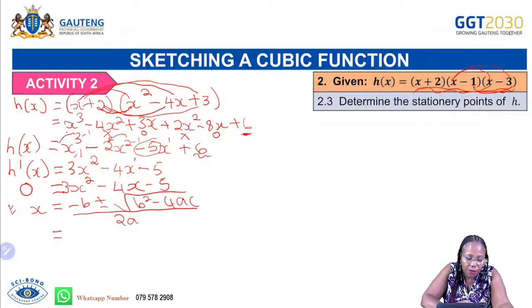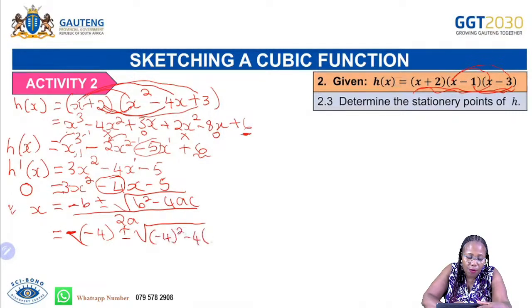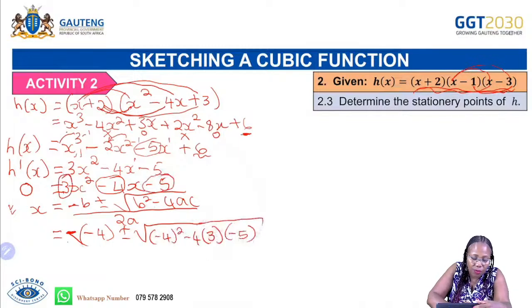And then the value of b is minus 4 there. Then it will be negative from the formula there. And then the minus 4 from the equation. And then now plus or minus the square root of minus 4 squared minus 4. A is positive 3. And the c is minus 5 there. Everything into the square root sign.